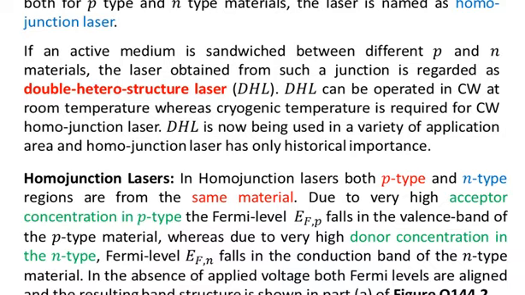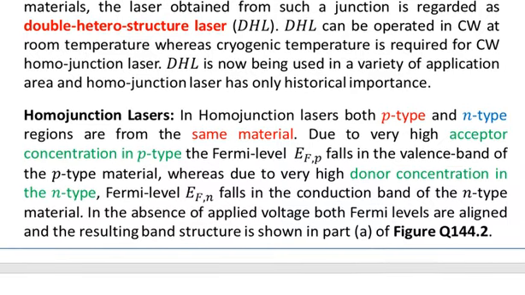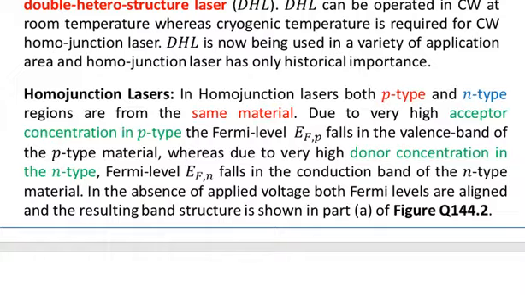But for the sake of completeness, we are going to go through some homojunction theory and give some knowledge about homojunction lasers. In homojunction lasers, both the p-type and n-type regions are from the same material.